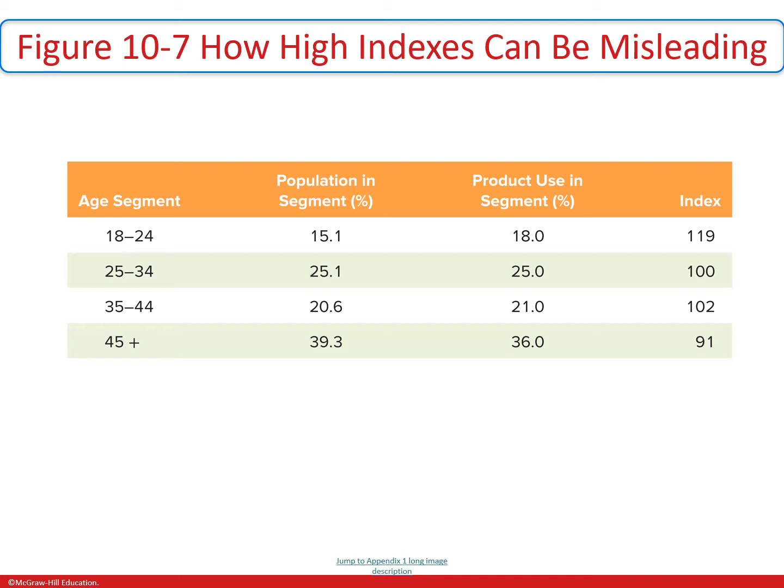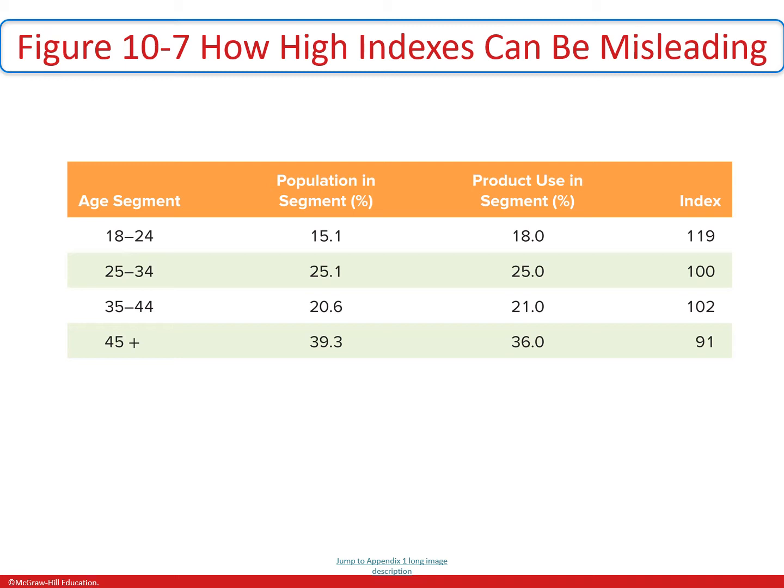So this slide shows that for a potential product, in the 18 to 24 age group, 15.1% of the population is in that particular market segment, and the product use in that segment is 18%.